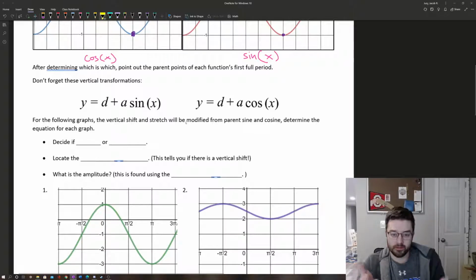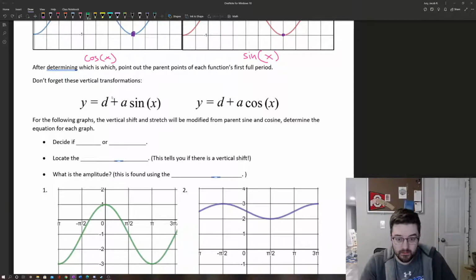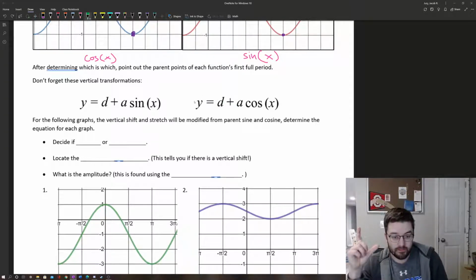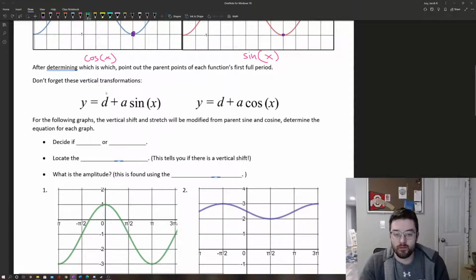So Miss White went over these transformations with you. Remember, you can move some of these transformations around. Because addition is commutative, you can add d to the end, which is traditionally how we see it, with a plus d on the end for that vertical shift. If you remember, D is the vertical shift in every case here, and A is the amplitude, or how much these graphs are stretched vertically.